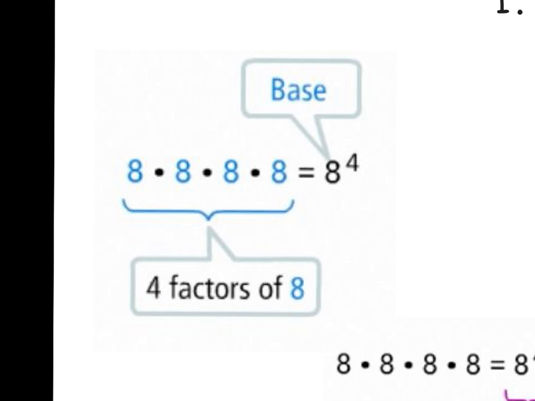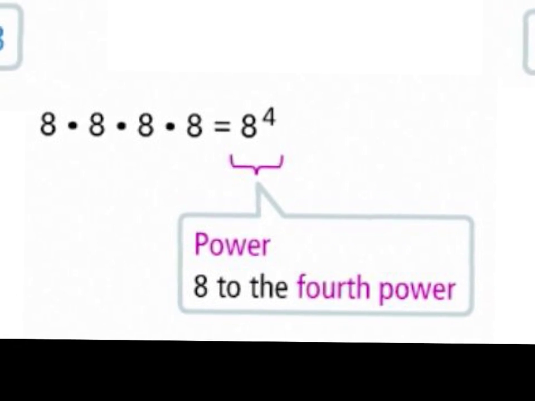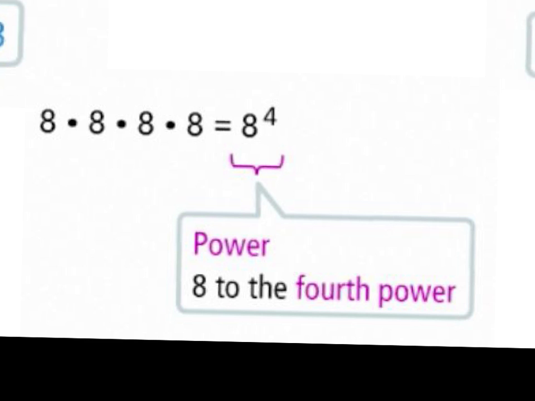Now, another way to look at this is the power. If you have this repeated multiplication resulting in 8 to the fourth, then the power, 8 to the 4th power, is the whole thing. So, for example, if I'm writing this down, the 8, remember, is the base.